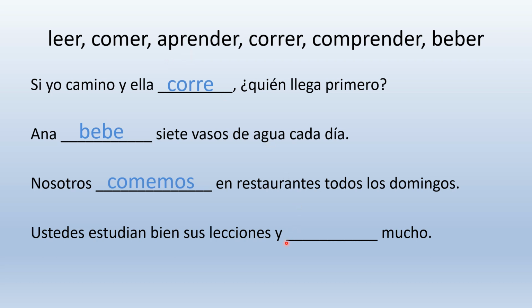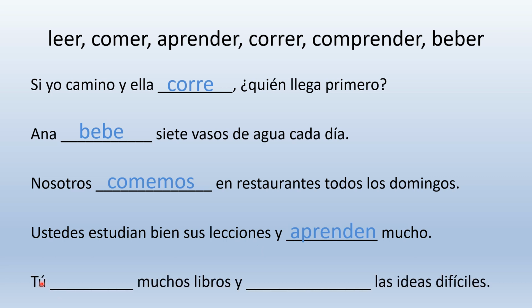So aprender, conjugated for ustedes, just like it would be conjugated for ellos, is we drop the ER, and to the stem we add en. Ustedes estudian bien sus lecciones y aprenden mucho. You guys study your lessons well and learn a lot.